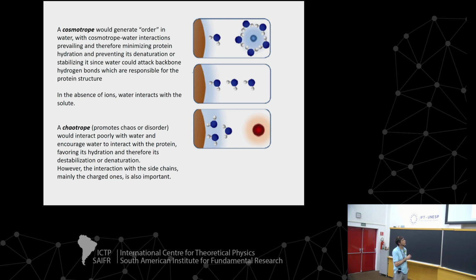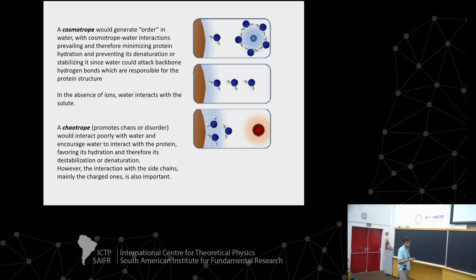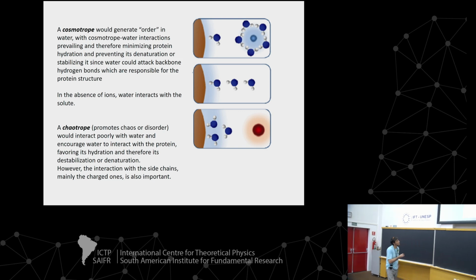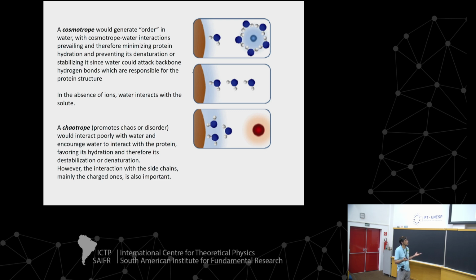If you don't have ions, water is going to interact with the solute, with the protein. And in the case of the chaotrope, they are entities that promote chaos, disorder. And in this sense, they are not hydrated or they repel water, and they favor the interaction of the water molecules with the protein, where they can compete with the internal structure, with the backbone hydrogen bonds, and they can also lead to protein denaturation.